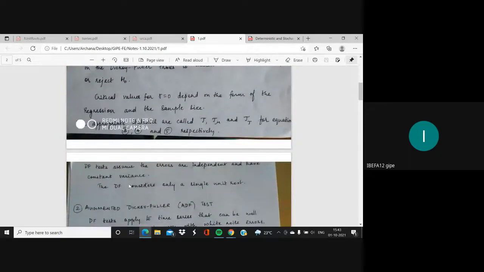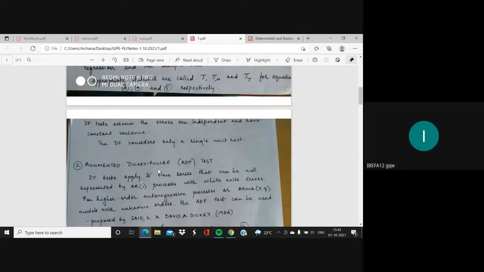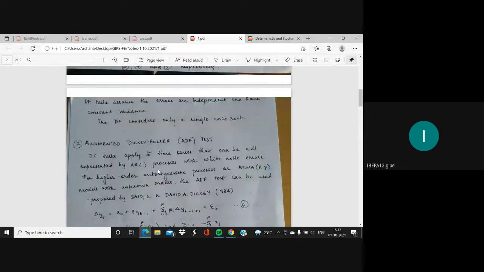Because of these factors, it was found that there could be problems with the Dickey-Fuller test itself. There could be serial correlation in the error terms, and the error variance could be heteroscedastic. It could keep varying, it might not be constant variance.